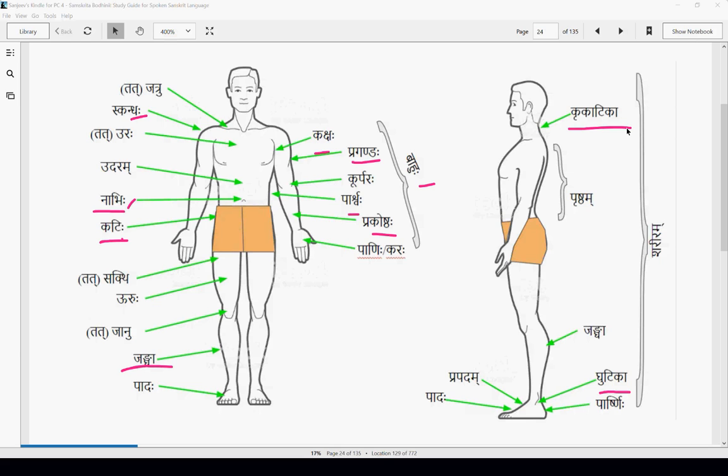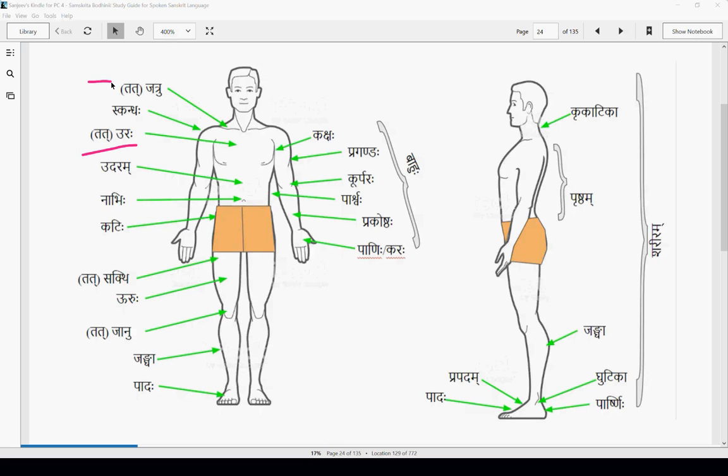Where confusion could arise, for example, jatru and uraha. Uraha, if you do not see anything here, looks like balaka, parvata, mushaka. One might assume that it is a pullinga word, but actually it is a napumsakalinga word. It is a neuter gender word.